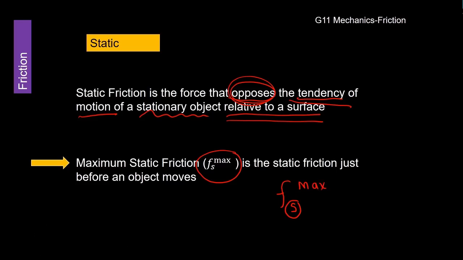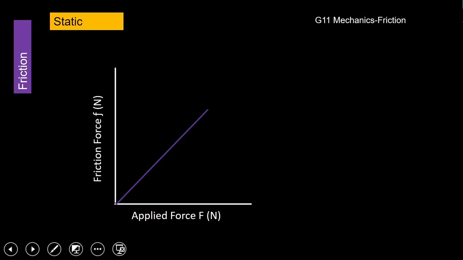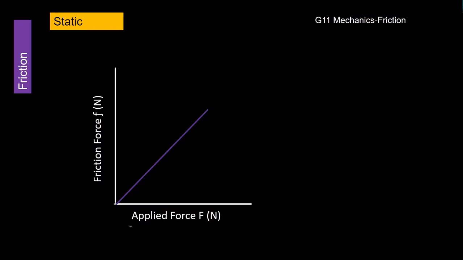So how are we going to draw this on a graph? In science, we like drawing on a graph. We like to see the relationship. It is a picture of the relationship. On the x-axis, I have applied force, because what we're doing is applying the force. The driver is pushing the car harder and harder and harder, so we can then measure the applied force. What is then happening to the dependent variable? The dependent variable will be this force of friction, placed on the y-axis.